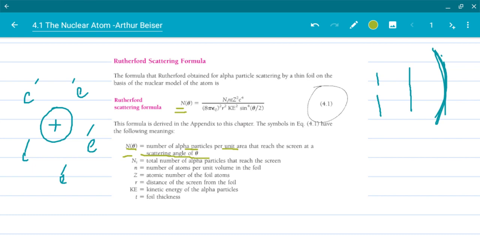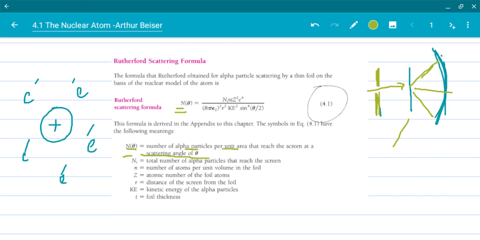So what does it mean? Let's say this was my lead collimator, which I told you is a lead screen with a small hole that helps you to direct the alpha particles towards the gold foil, right? Once it has been directed to the gold foil, the particles are going to deflect at different angles when they reach the zinc sulfide coated screen.